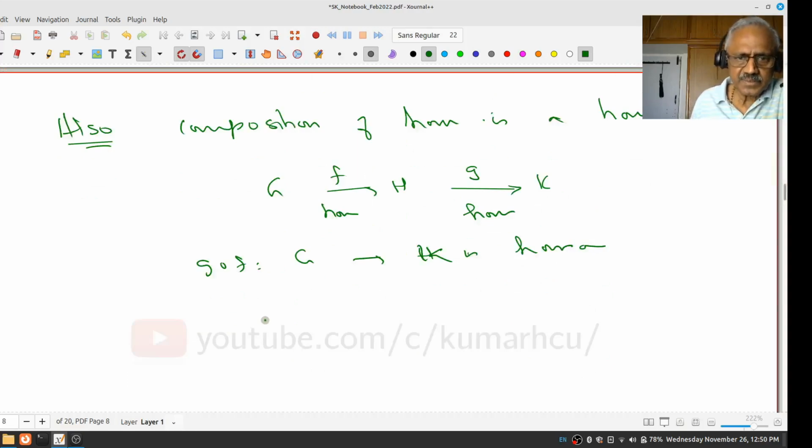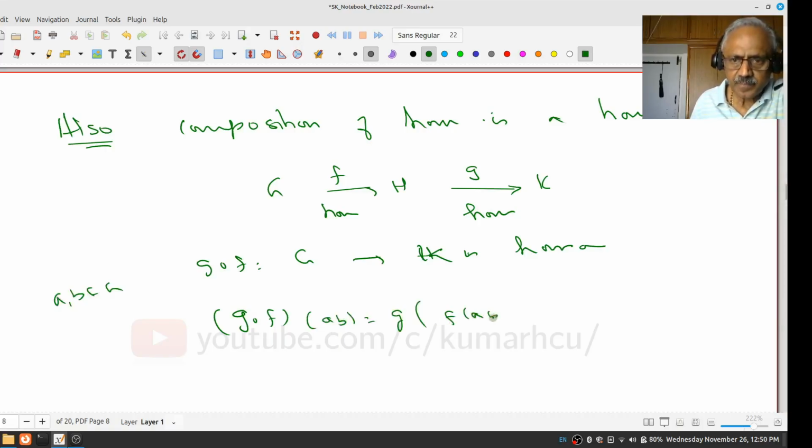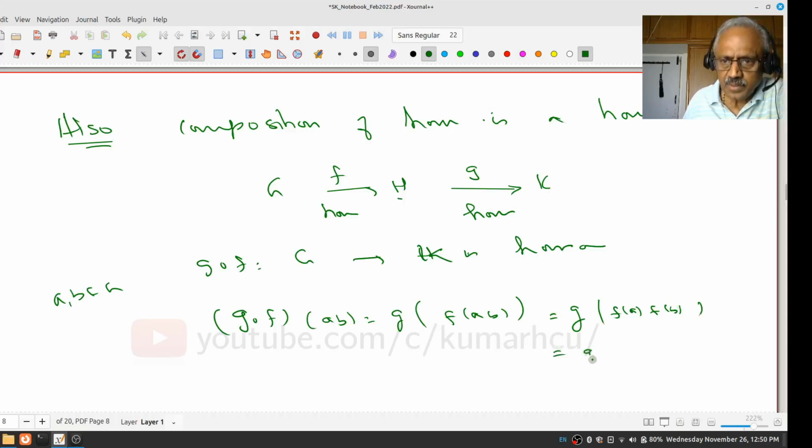That is very easy. For g composite f, let a, b belong to G. By definition, g of f of ab. But what is f of ab? Since f is a group homomorphism, that is f(a) into f(b). This is the product in H. Now g is a group homomorphism from H to K. Therefore, this is going to be g of f(a) times g of f(b).